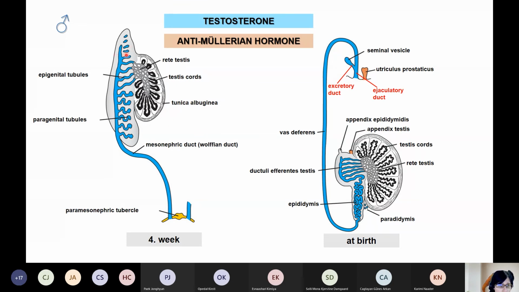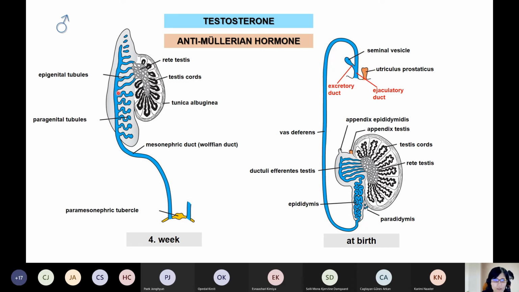The tubules found above the epigenital tubules will degenerate and will disappear. The tubules found below the epigenital tubules, called the paragenital, will give an embryological remnant, which is visible here. This is the paradidymis. So paragenital tubules will become paradidymis. Then here we have this portion which receives the efferent ductules.